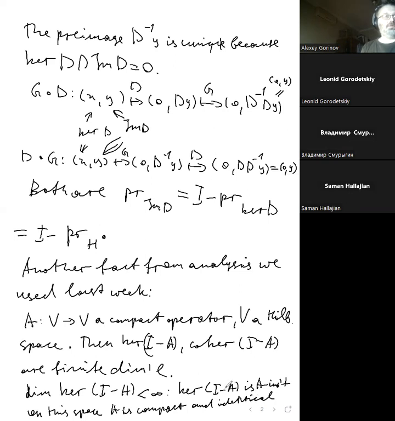Why? Well, because the kernel of I minus A is precisely the space of all x such that Ax is equal to x.